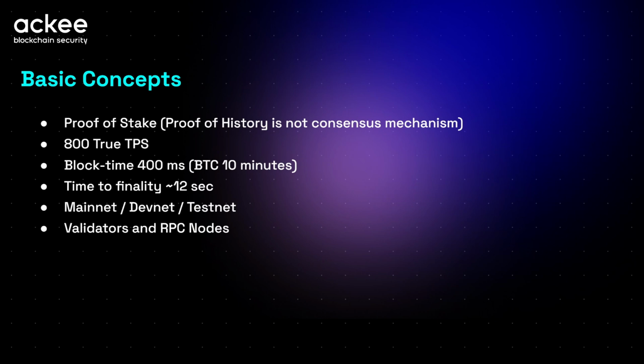I also have important information here: proof of history is not a consensus mechanism. It is a mechanism. You will learn this in the Solana Handbook, or if you need some clarification, you can ask, we can discuss on Discord.